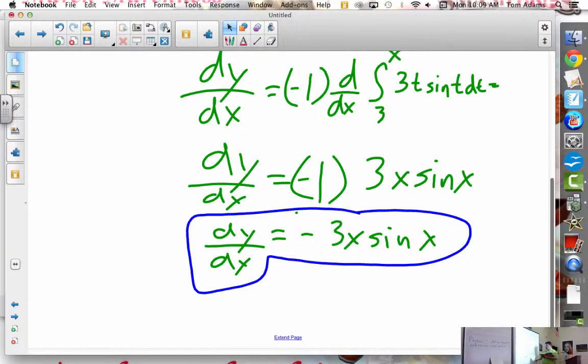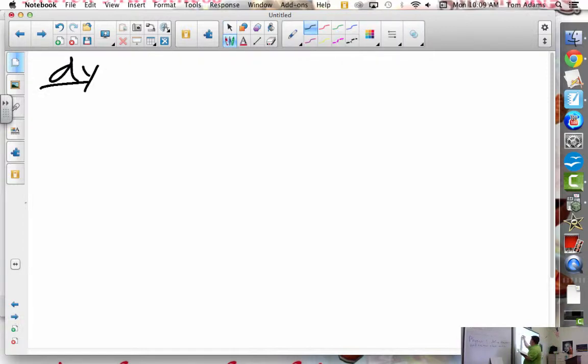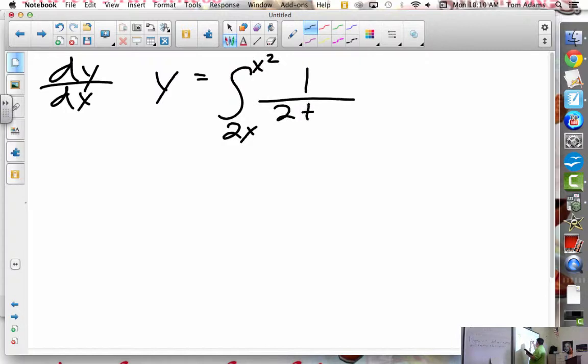So now let's do one more example, but now we'll apply the chain rule. Let's find dy/dx of the following function. y is equal to, this is interesting, the integral from 2x to x squared of 1 over 2 plus e to the t dt.